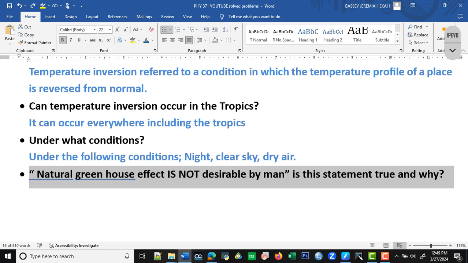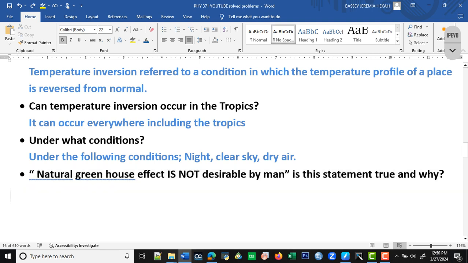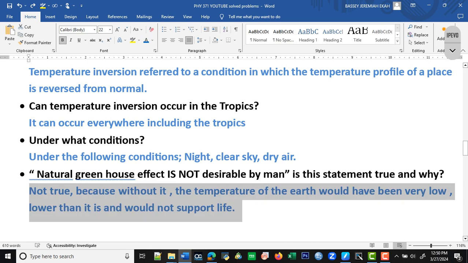It is by the help of the greenhouse effect that our planet is able to sustain life. Without that, our planet would have been very cold. So this statement is not true, because without the greenhouse effect, the temperature of the earth would have been very low and would not have supported life.